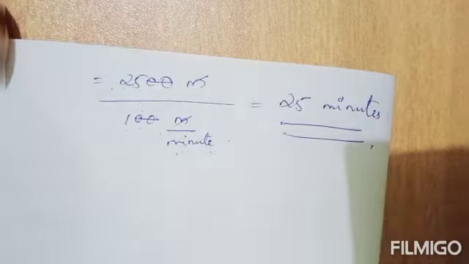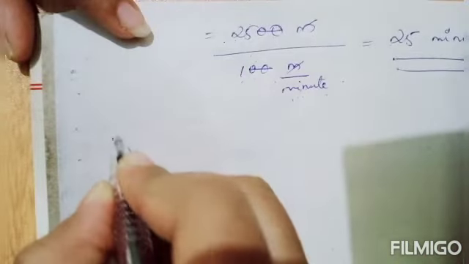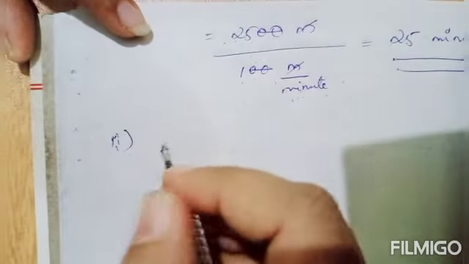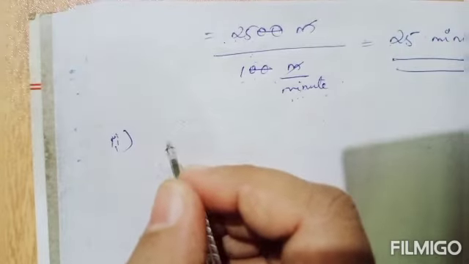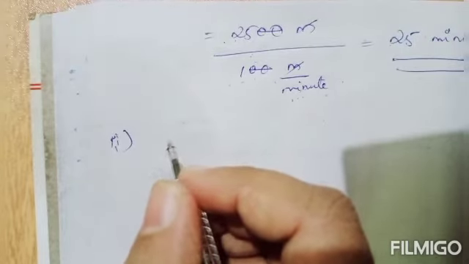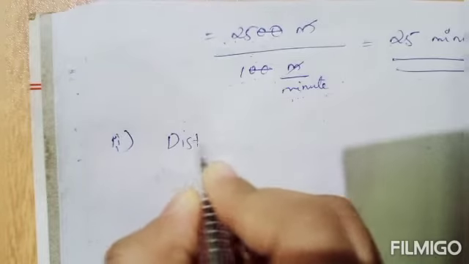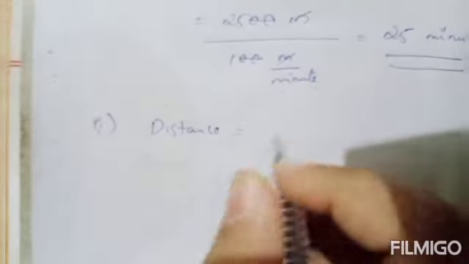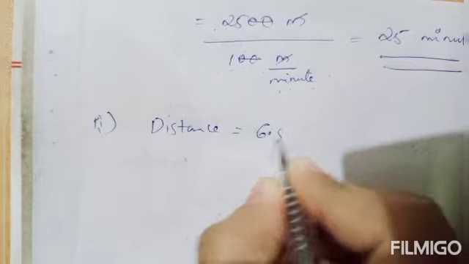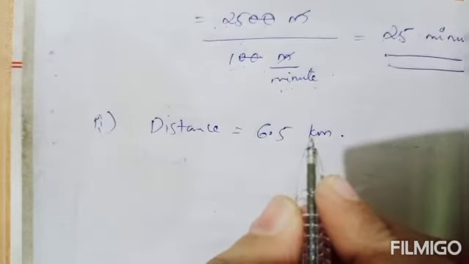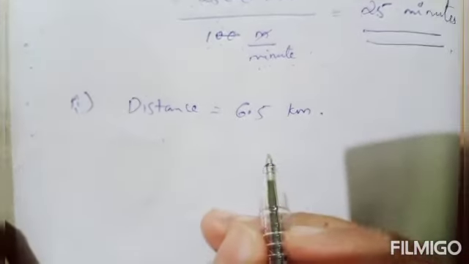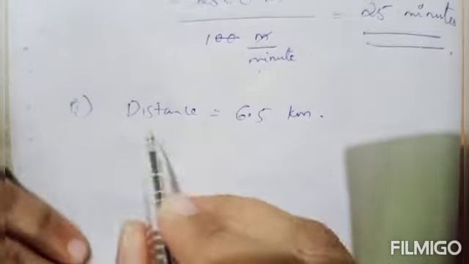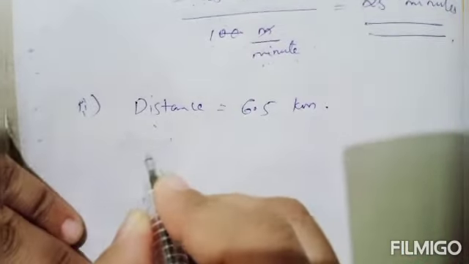Okay. Now in that second one, how long will it take him to walk 6.5 kilometer? So in order to walk a distance of 6.5 kilometer, how much time will he take? That is the question. Okay, so distance equal to 6.5 kilometer.